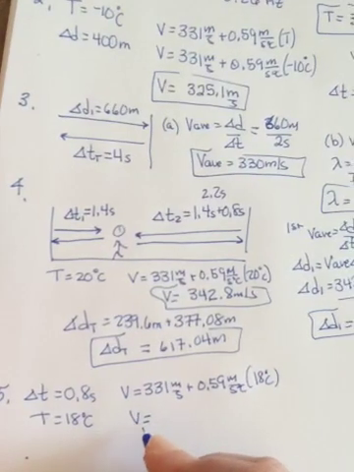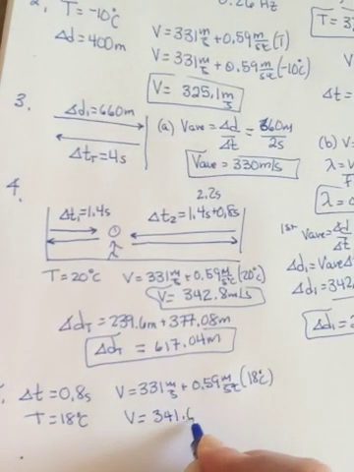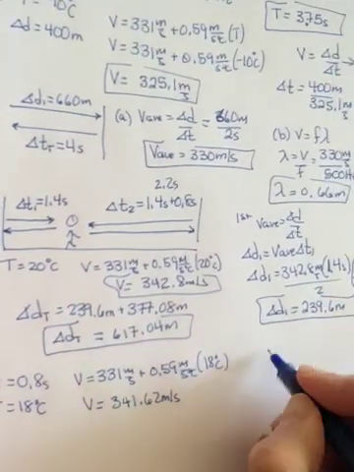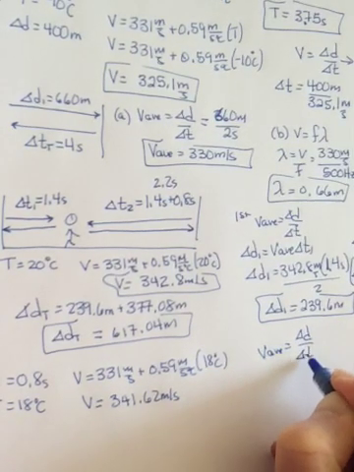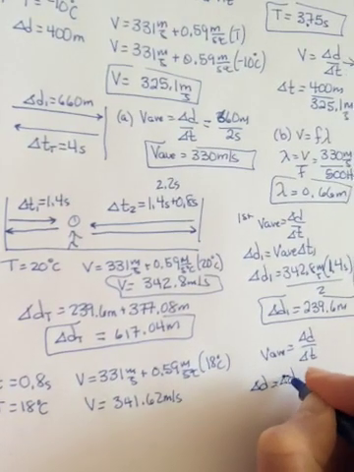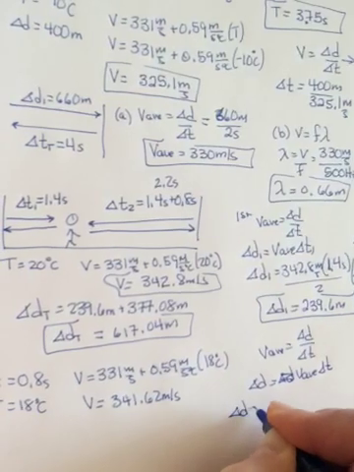And you get a speed to be 341.62 meters per second. So now you have the speed, you have a time. v average is equal to delta D over delta T. Delta D is equal to v average times delta T.